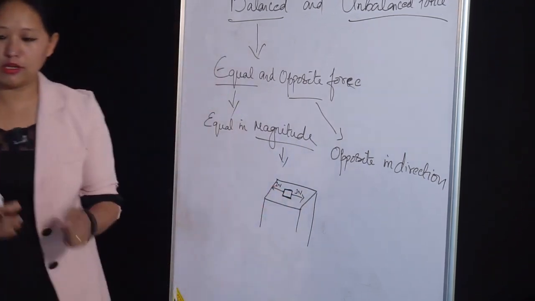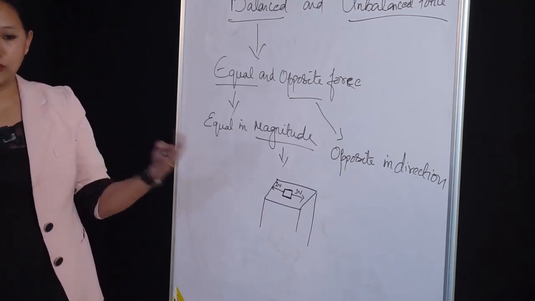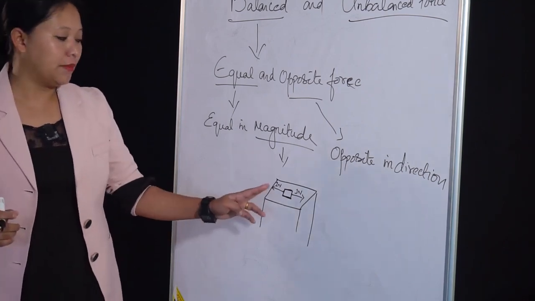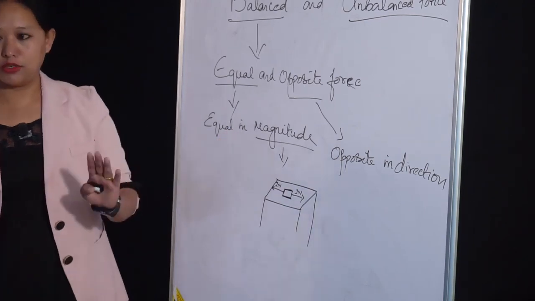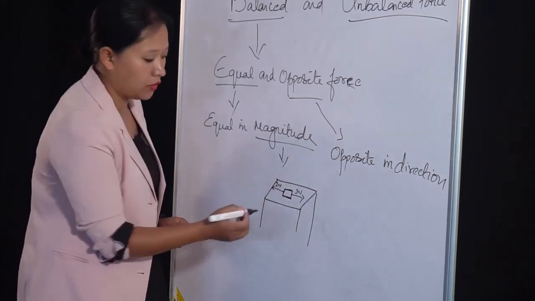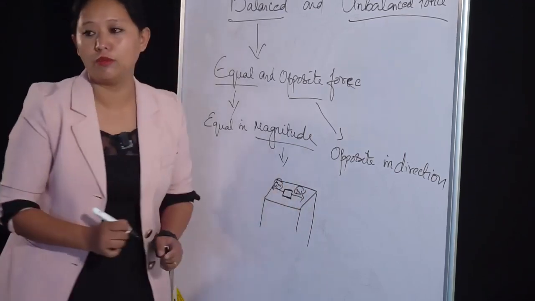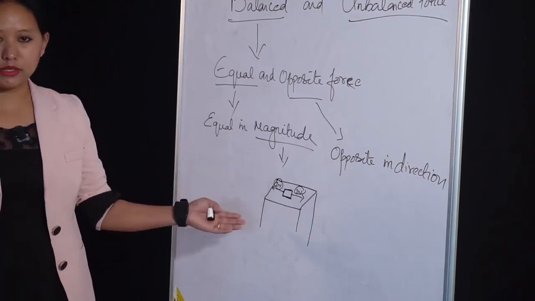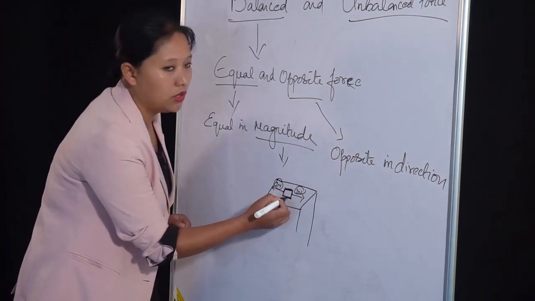If you try to pull the string on both ends, what will happen? Since the magnitude is the same, and magnitude means, as I have said, numerical value, the magnitude will be 1 here, and on this side also the magnitude will be 1. Since the force is the same, 1 Newton on both sides, the wooden block will not move.